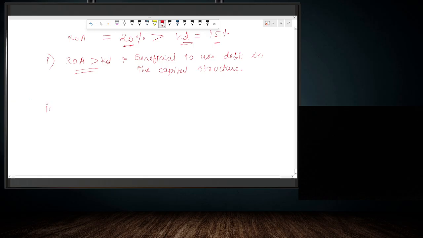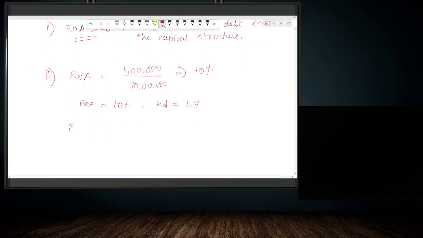Listen, second point. What is the return on asset under this situation? When EBIT is only 1 lakh rupees, what is the return on asset? 1 lakh divided by 10 lakh. What is the return on asset? 10%. What is the cost of debt? Return on asset is 10%, but cost of debt is equal to 15%. So return on asset is lesser than the cost of debt.